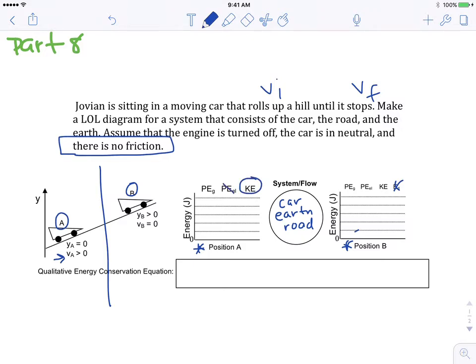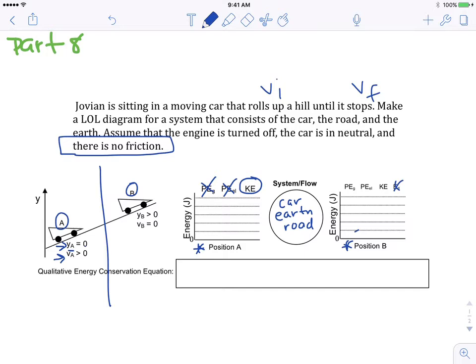Do we have elastic potential energy? No, because there are no elastic springs or anything like that. And we have no height, because y is height, right? And it says here that in position A, the height is 0. So we have no gravitational potential energy. So for position A, all of our energy is in kinetic energy.